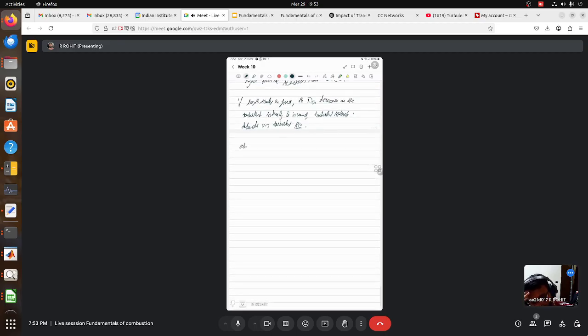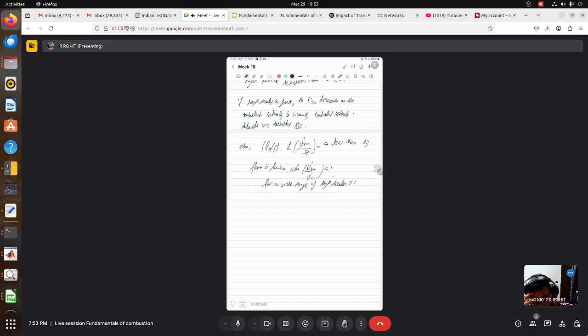So when L naught by delta times V prime RMS by SL are less than 1, the flame is laminar, when V prime RMS by SL is less than 1, or a wide range of length scales is accommodated when it is greater than 1.